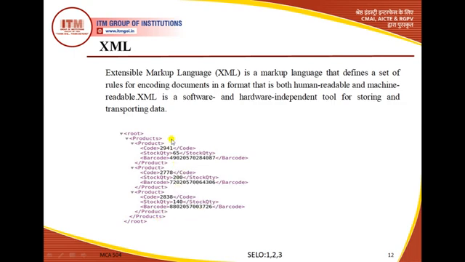And this is just a sample code, and in this format the XML, extensible markup language, code is written. So it's a software and hardware independent tool, and basically responsible for storing the data and transporting the data.